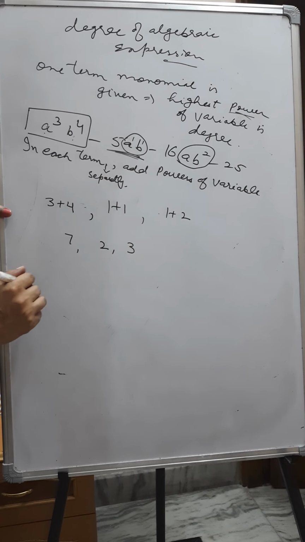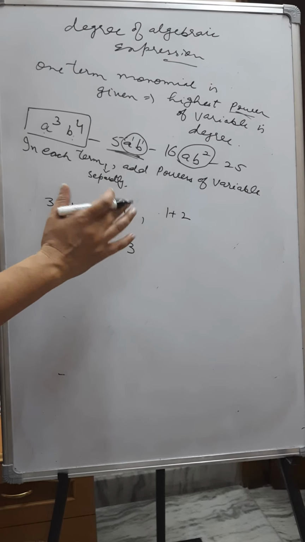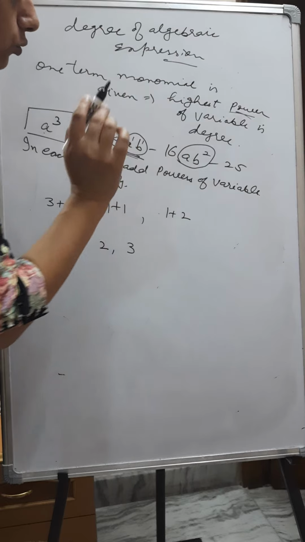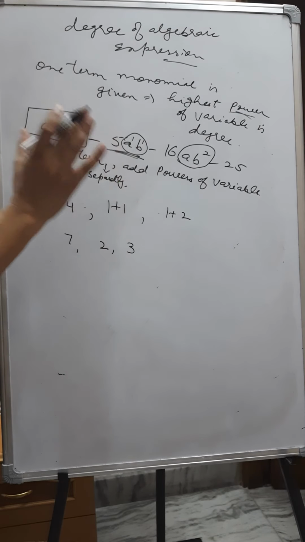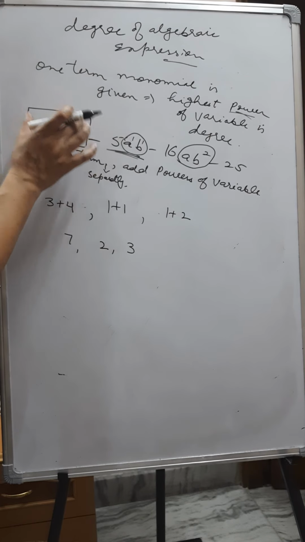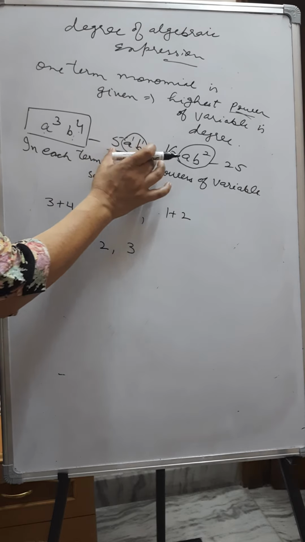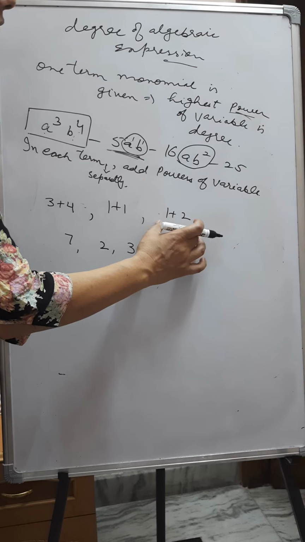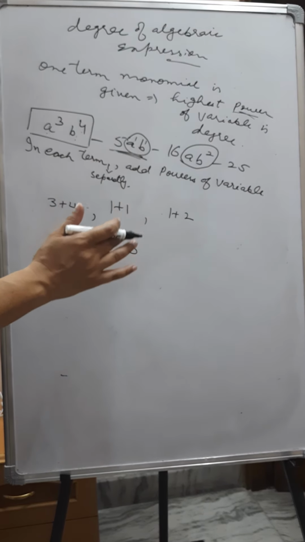Add the powers individually, not all together. It is not right to add 3 plus 4 plus 1 plus 1 plus 1 plus 2. No, add the powers term-wise. For any number of variables with any number of powers in the first term, add the powers of the first term, then of the second term, then of the third term, separately and at their own level.